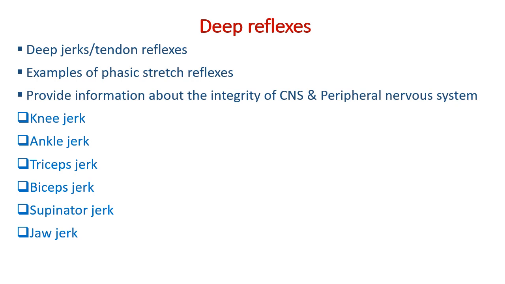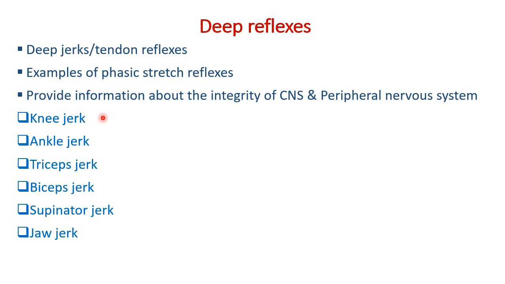There are different types of deep tendon reflexes which are clinically tested to see the integrity of the CNS and peripheral nervous system. We have the knee jerk, ankle jerk, triceps jerk, biceps jerk, supinator jerk, and the jaw jerk.